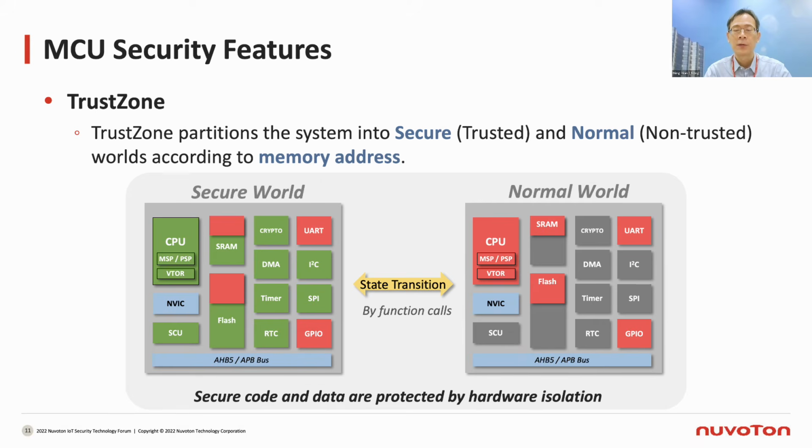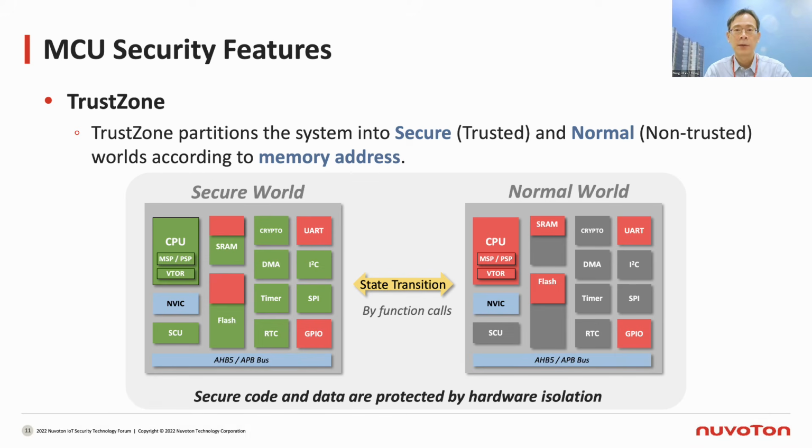Conversely, when executing in non-secure state, the MCU is said to be in the normal world or non-secure world. Besides, other MCU resources, including SRAM, flash, and peripherals, are allocated to secure world and non-secure world through address mapping.